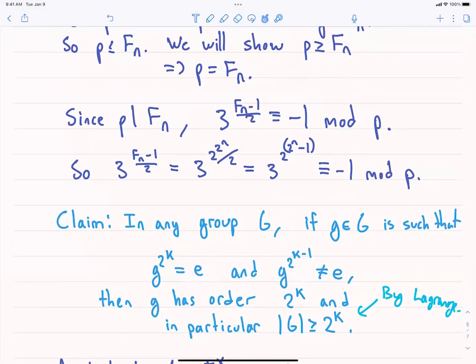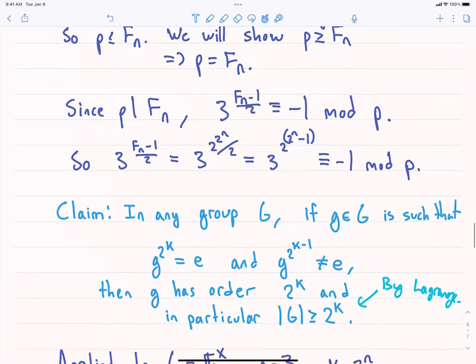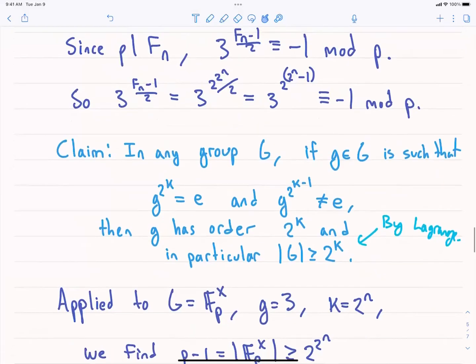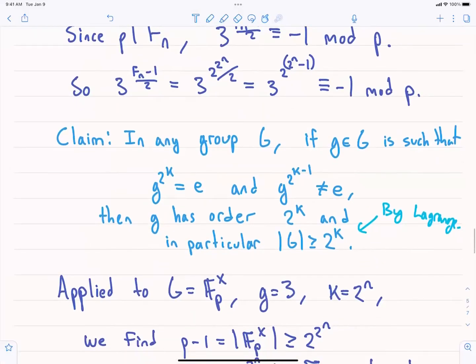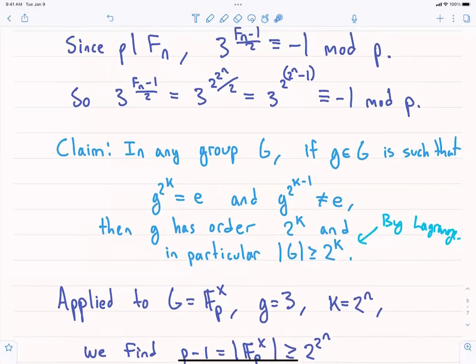Okay, so we're going to apply this to G equals F_p cross. So p was this prime that we were using before, dividing the nth Fermat number. And then we take g to be 3, and k is this 2 to the n.